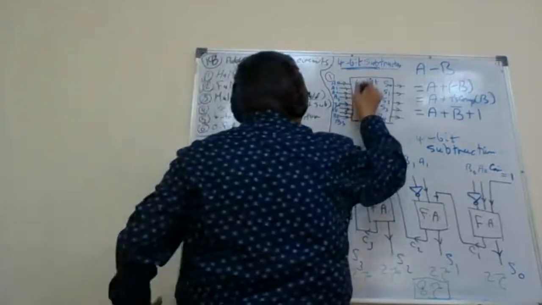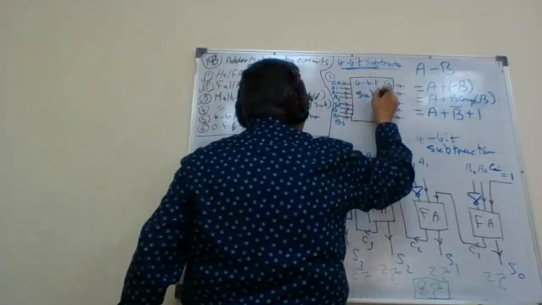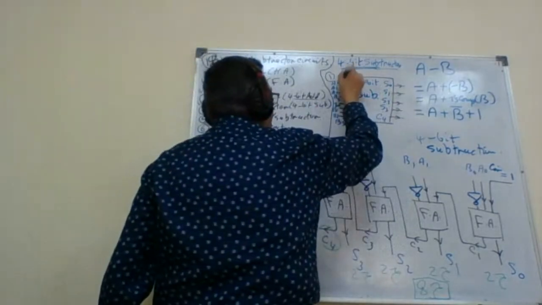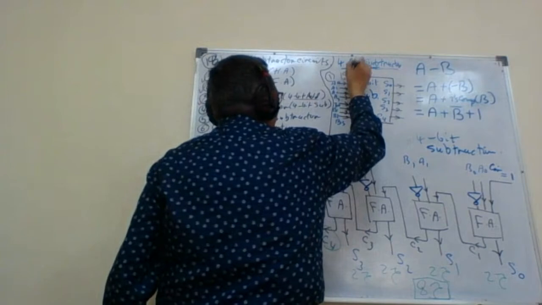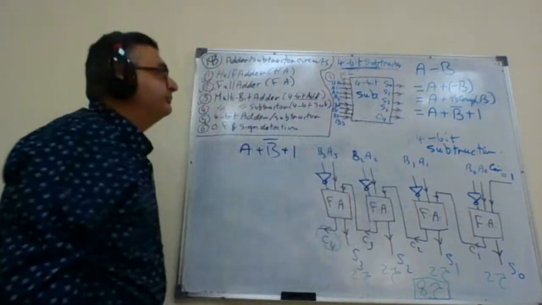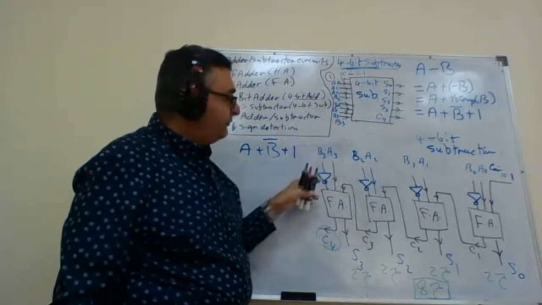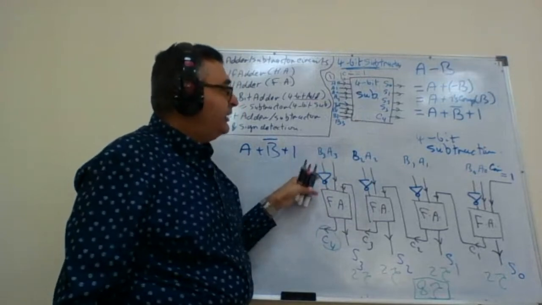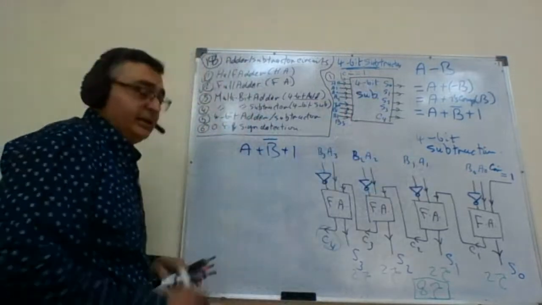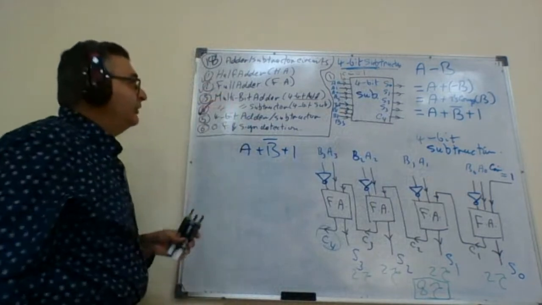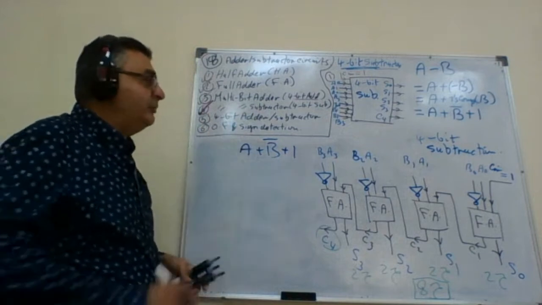So we have here a subtractor, and this subtractor has one extra input called Cin equals to 1. So an adder with Cin equals to 1 and B passed to inverters will make the circuit a subtractor. So we are done with the multi-bit subtractor or 8-bit subtractor.